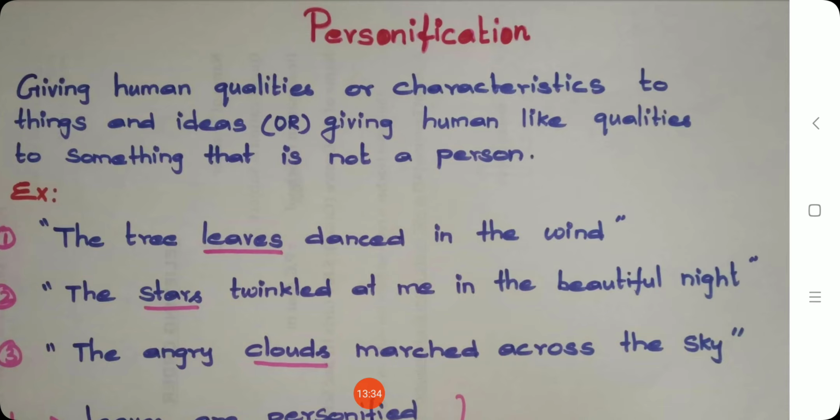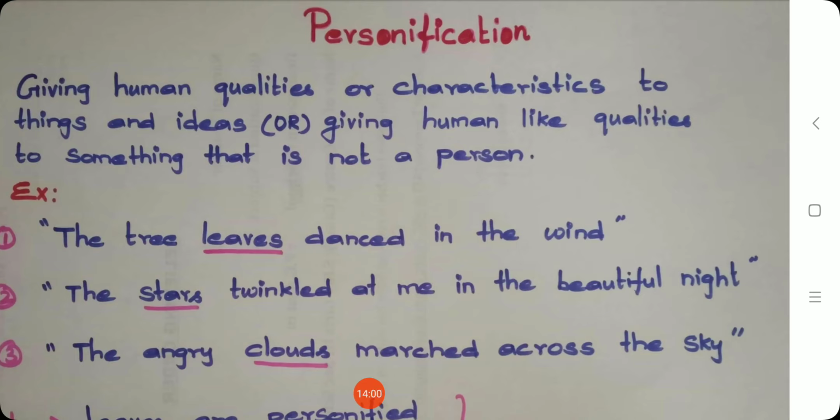It is the quality and ability of a human being to get angry. We human beings have the sense to feel anger, happiness, sorrow, sympathy, etc. Clouds cannot get angry or feel happiness. They don't have any human feelings. But here the poet says that the angry clouds are marching across the sky.